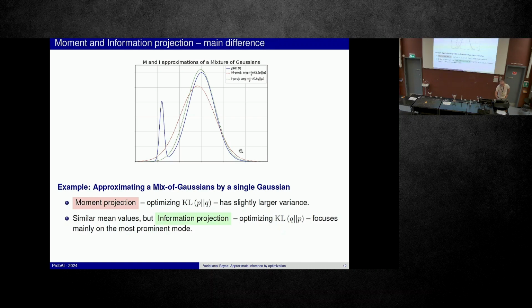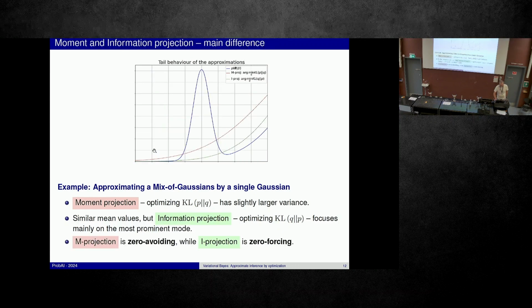We see here the Q to P one, the green line, is more or less focusing on the most dominant mode and not caring at all about this guy. The moment projection, the P to Q one, is widening out its variance and trying to cover both modes. Zooming in on this area here, it's looking like this. So here we see the P to Q one is afraid of becoming 0 too quickly.